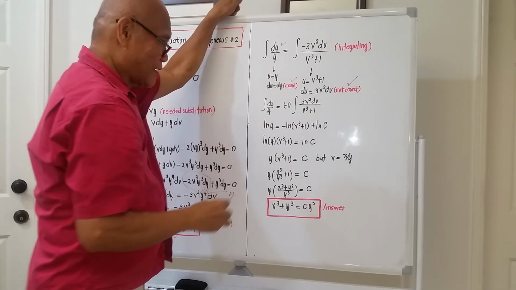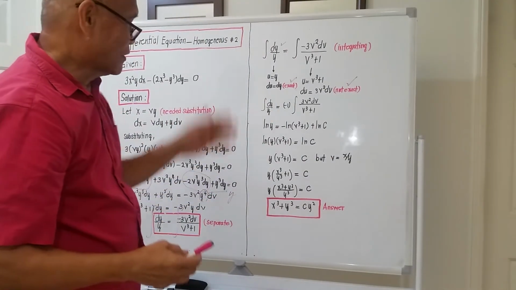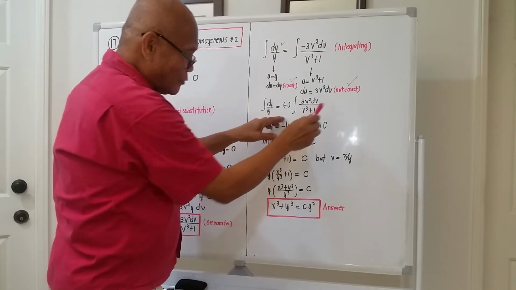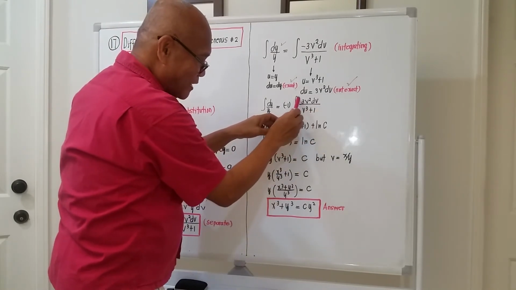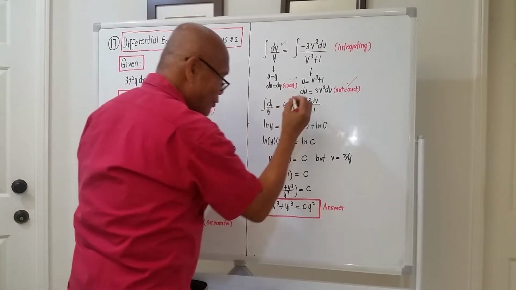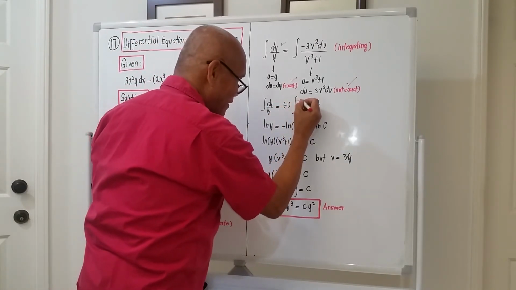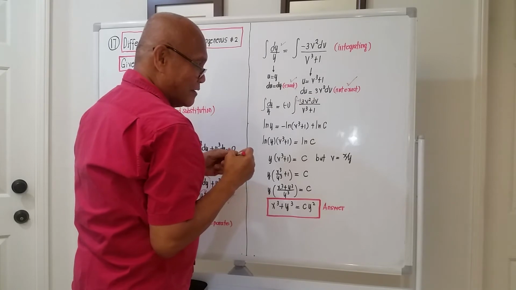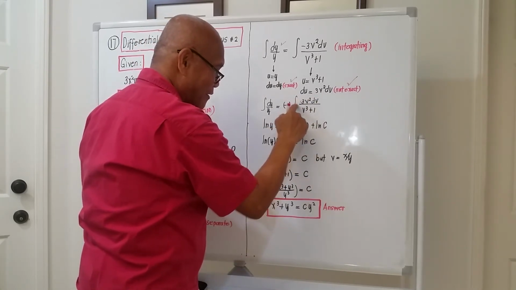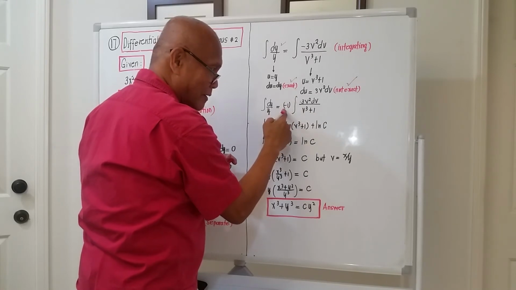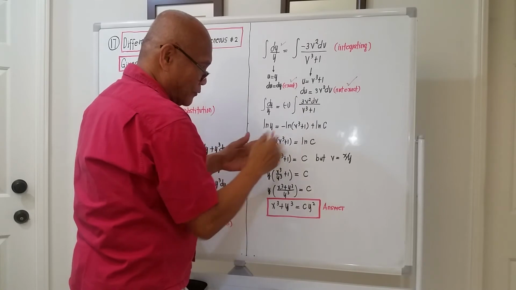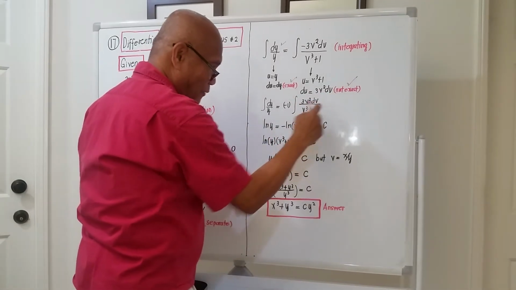So for it to be exact, proceeding now with the integration, the integral of dy over y equals, for it to be exact, we remove that negative sign over there. We can bring it out, because actually we got a negative 1 over here. So what will come out will be the integral of 3b squared db over b cubed plus 1.